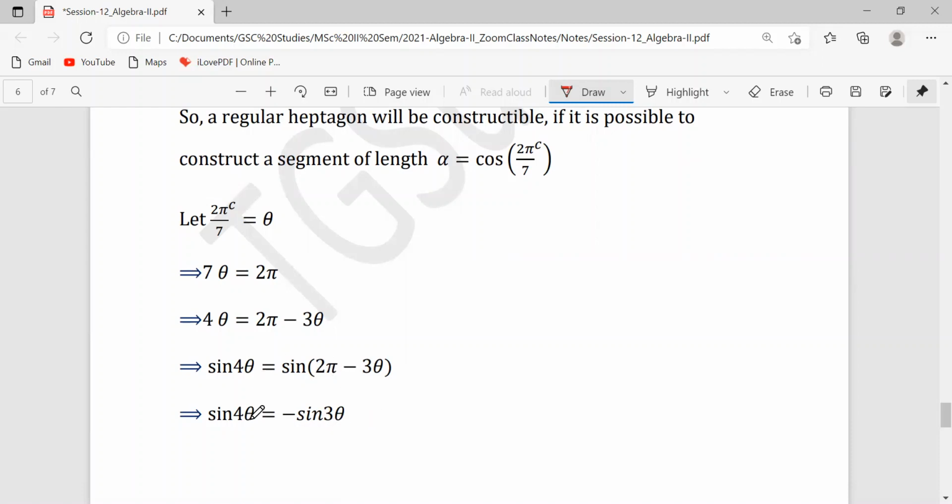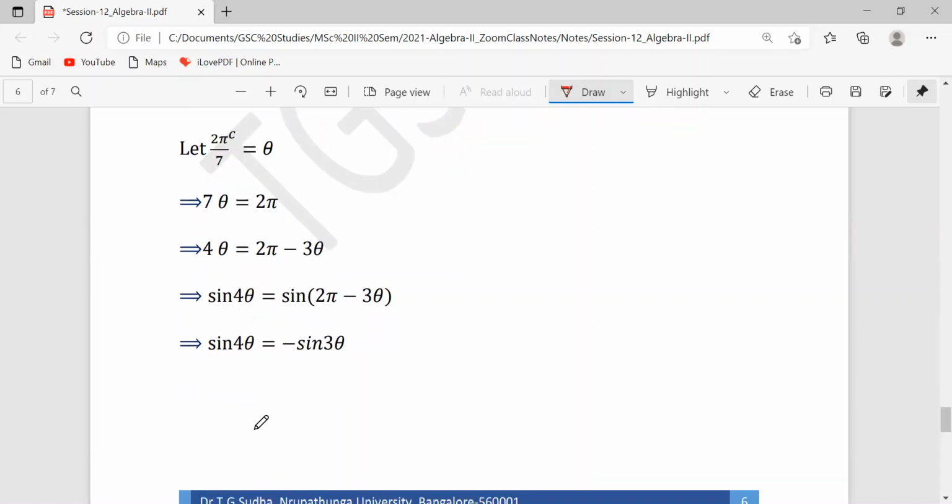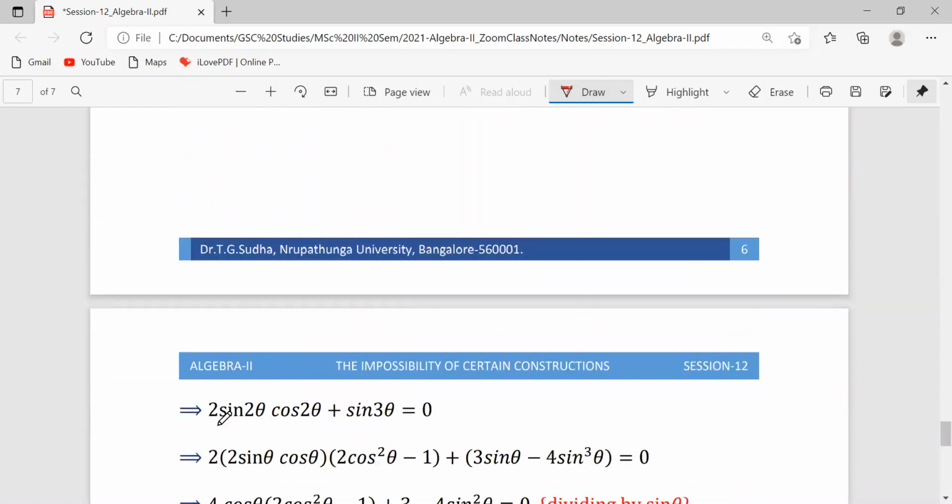Now shift this minus sine 3 theta to the left hand side, and apply the identity sin 2x equal to 2 sin x cos x for sine 4 theta. So you get 2 sine 2 theta into cos 2 theta, and sine 3 theta is shifted to the left hand side, so we get plus sine 3 theta equal to 0.